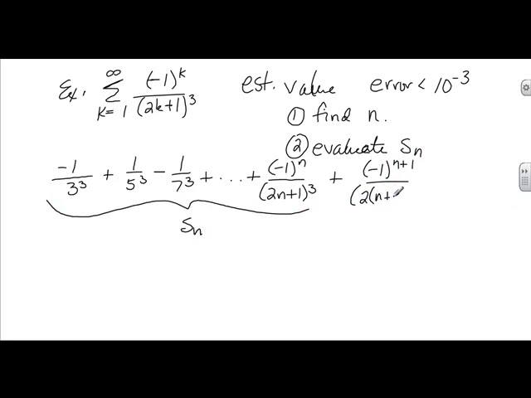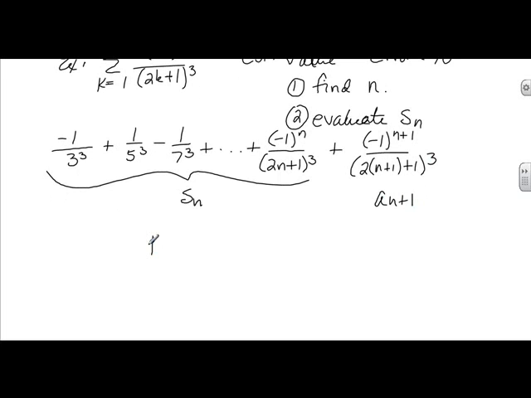So our remainder is less than or equal to 1 over, I'm simplifying that denominator now, 2n plus 3 cubed. And we want to know the value of n that makes this less than 10 to the minus third power. So we're looking at the quantity 2n plus 3 cubed greater than 10 cubed. I've done a little bit of algebra mentally there.